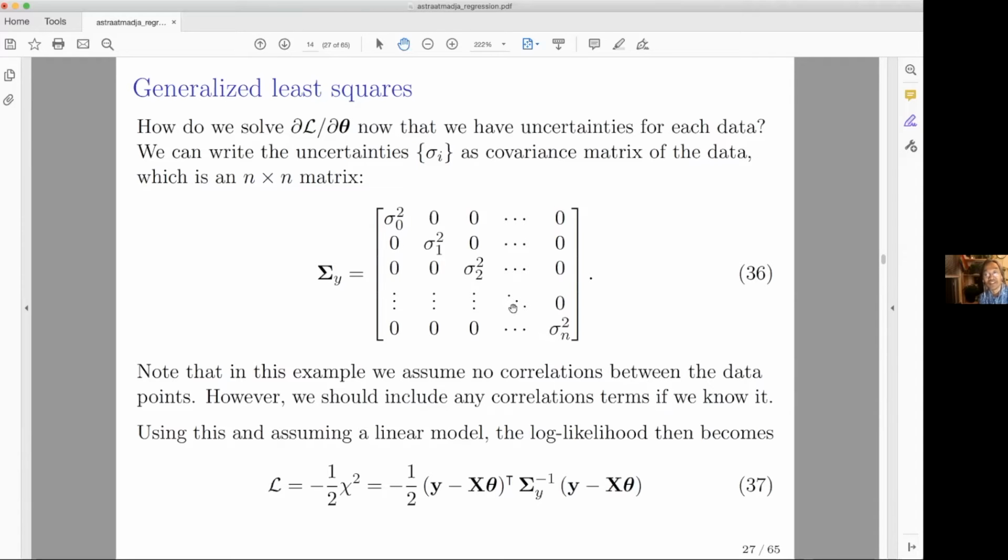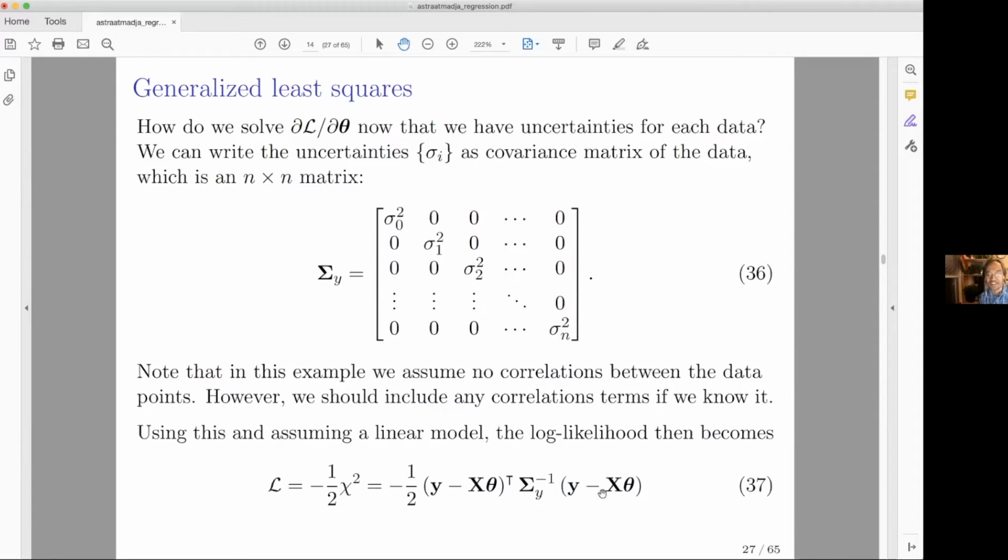So it's actually just a sparse matrix. However, if we make measurements and we know how the data are correlated, then by all means, fill in the off-diagonal components as well. If you know that kind of information, then if we write them down, the chi-square is just going to look like this.